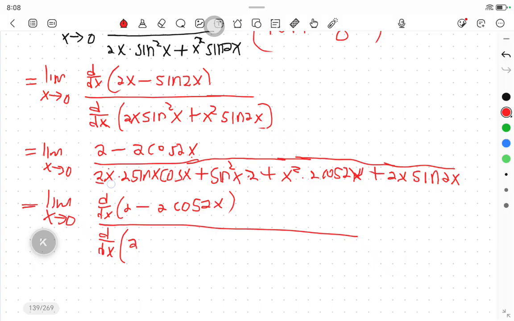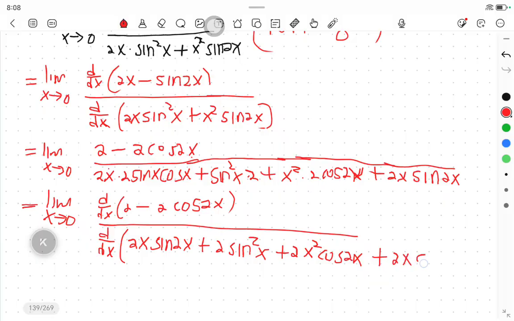When I have 2x, then this one I can simplify it, 2 sine 2x, plus this will be 2 sine squared x, plus this will be 2x squared cos 2x, plus this will be 2x sine 2x.